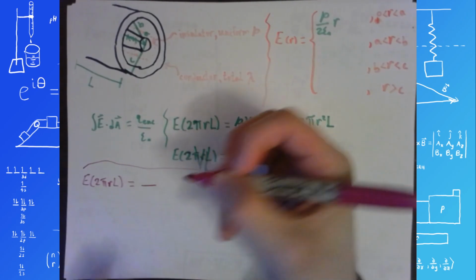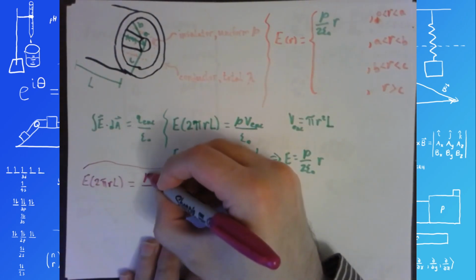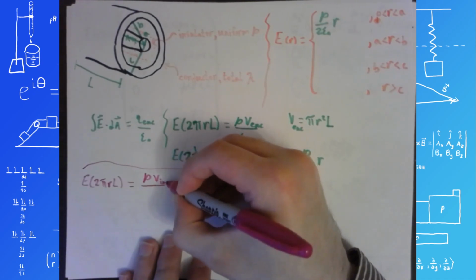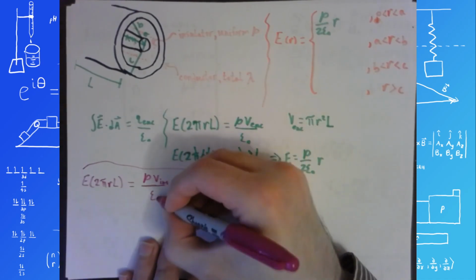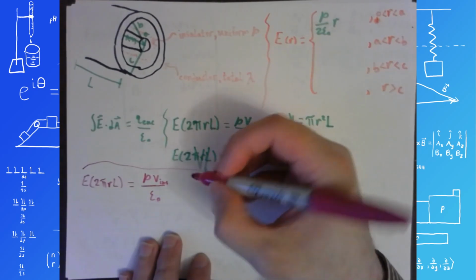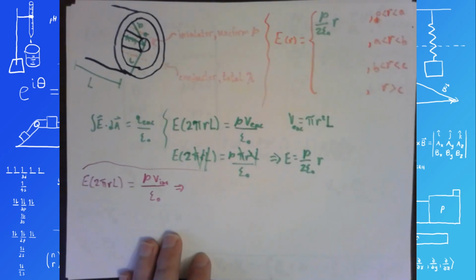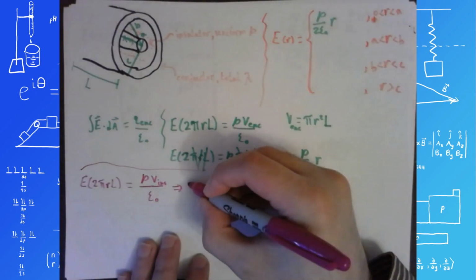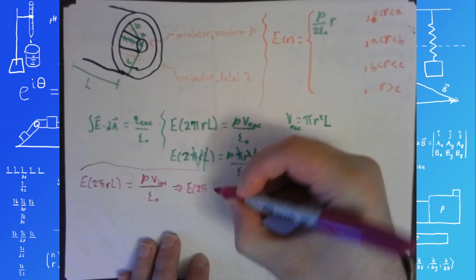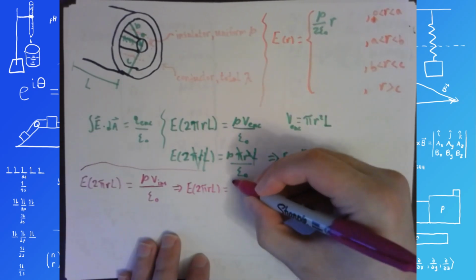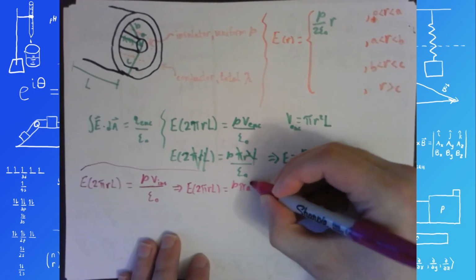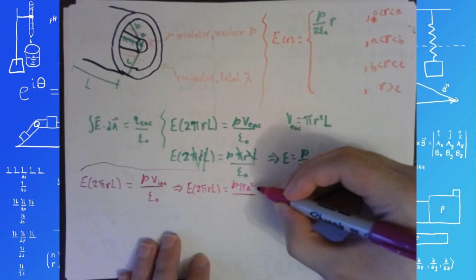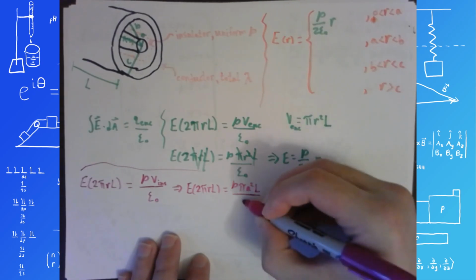And for the right-hand side, the charge enclosed is going to be rho times the total volume of the insulating cylinder, V insulator, and then that's over epsilon naught, and V insulator is going to be pi times A squared times L. So we get E times 2 pi RL equals rho times pi a squared times L all over epsilon naught.